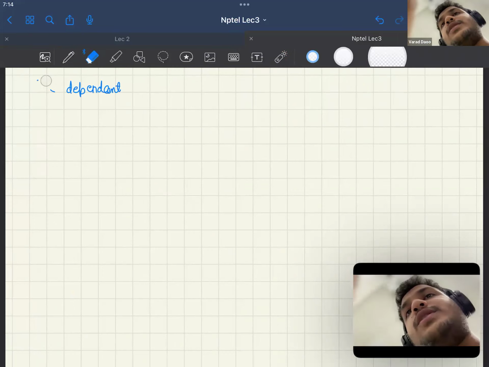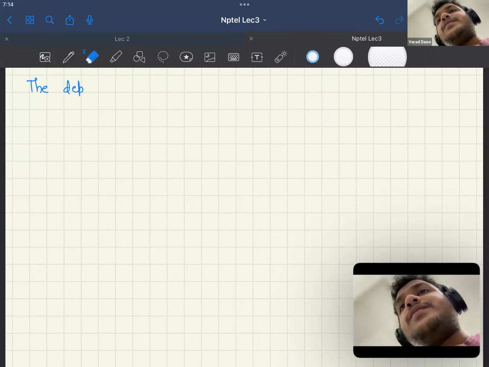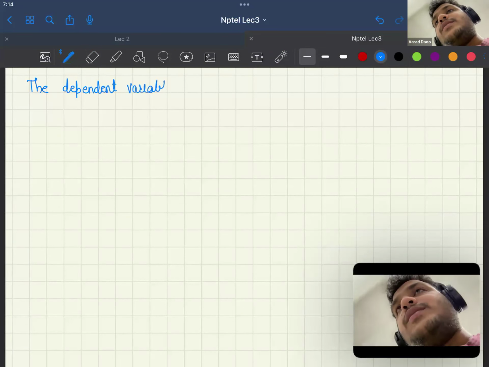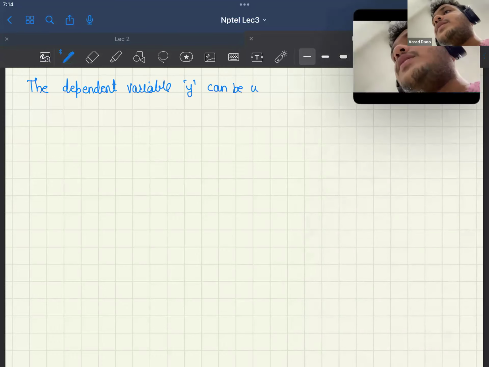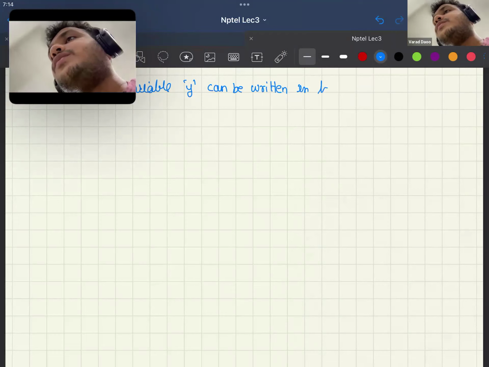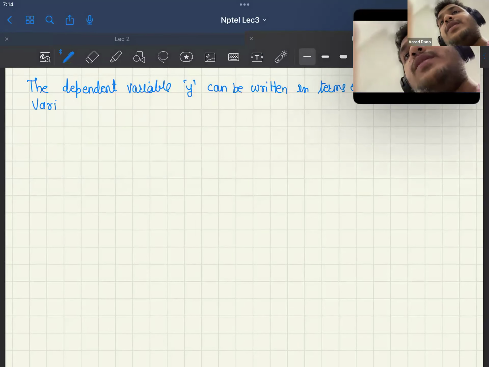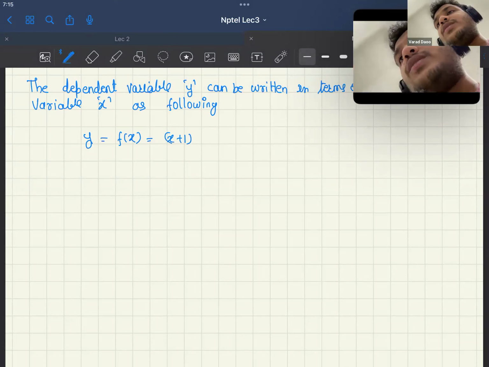The dependent variable, which is nothing but y, can be written in terms of the independent variable x as follows: y is equal to f of x is equal to (x plus 1) whole square, right?